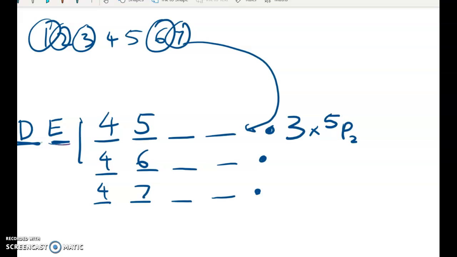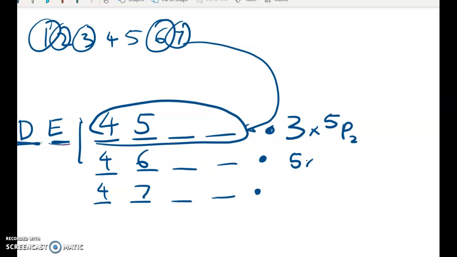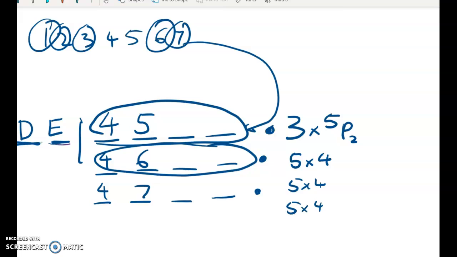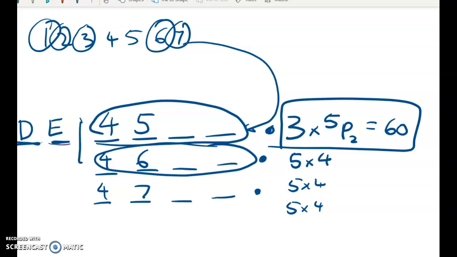Or the really slow way to do it is just to work out that here we've got 5 times 4 ways. Here we've got 5 times 4 ways. And here we've got 5 times 4 ways. So this is going to work out to be 60 altogether, right? So that's the fastest way to see it, is that for each of these cases, I've got these 2 and then choosing 2 from 5.